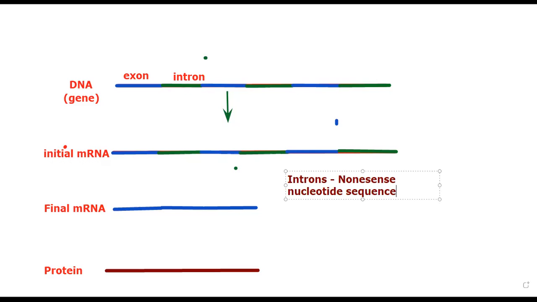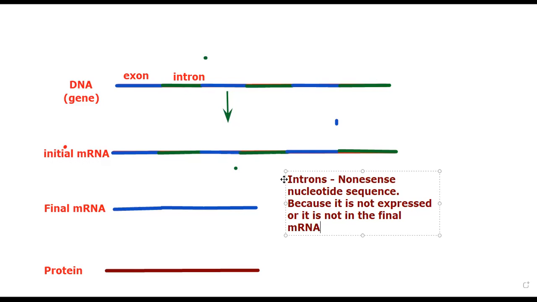Why is it called a nonsense nucleotide sequence? Because it is not expressed in the final, it's not expressed, that's enough. Or you can say it is not in the final mRNA.